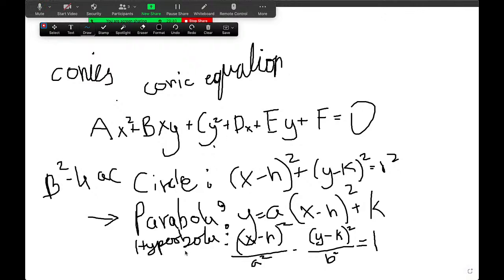Okay, so the ellipse equation is very similar to this one. Basically this is the ellipse equation.